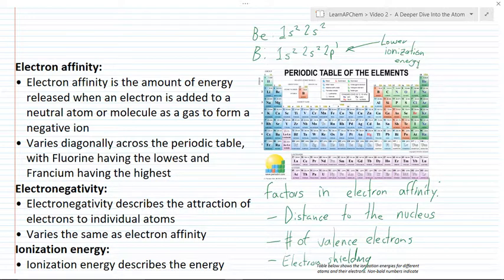Okay, so why it's less for O than N, yes, I'll talk about that. For here, now that I write out the electron configurations, it's obvious why boron has a lower ionization energy. You would expect that as I go right, ionization energy should go up, but here it's actually going down.